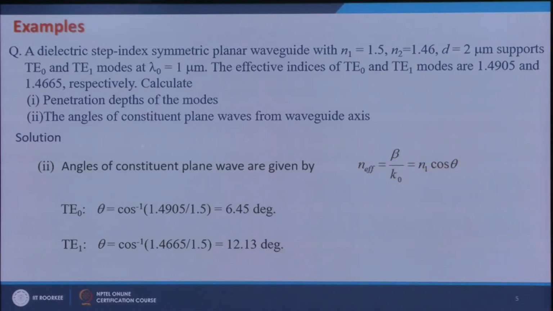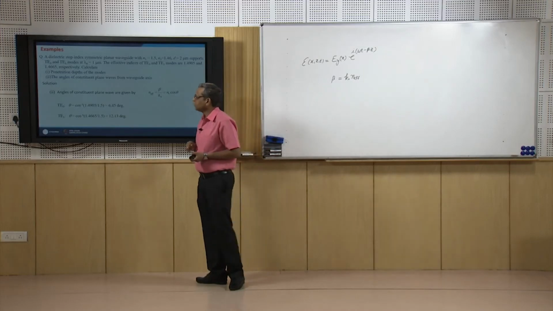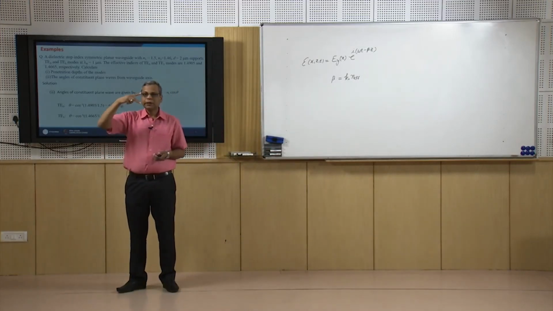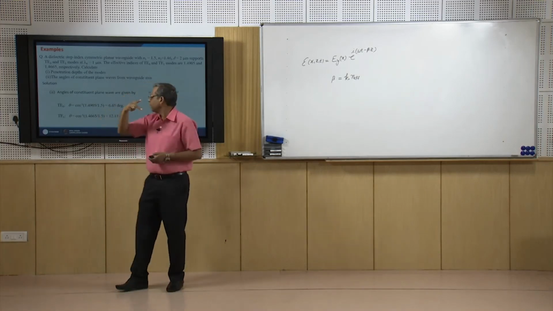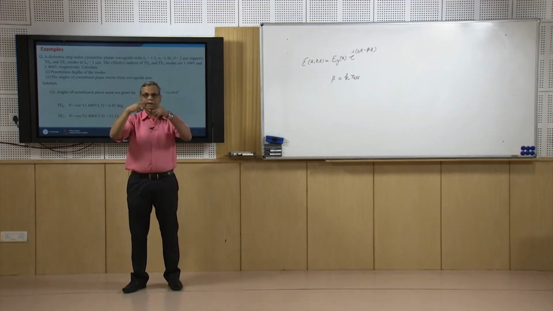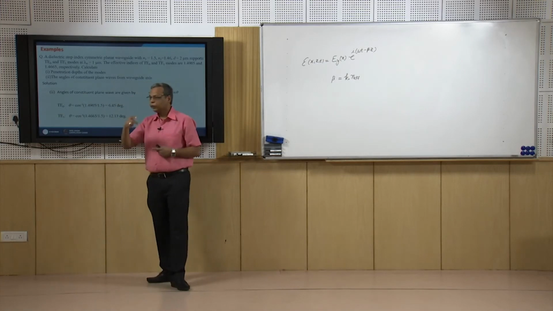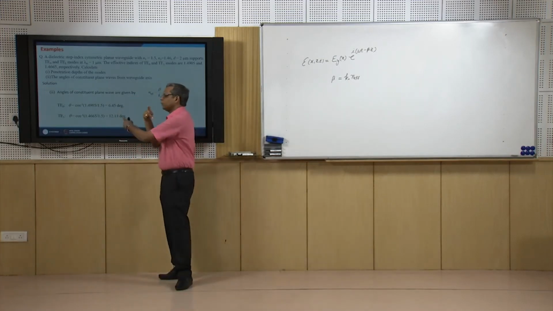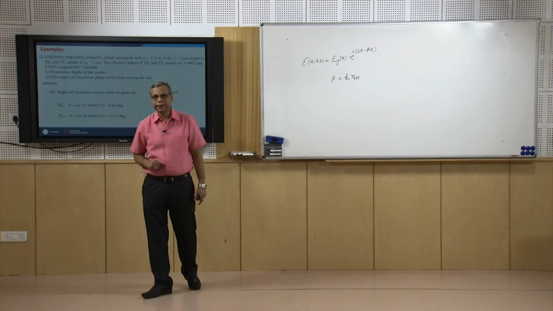So, TE0 mode is nothing but the superposition of two plane waves making angles plus minus 6.45 degrees from the waveguide axis, and TE1 mode is the superposition of two plane waves which make angles plus minus 12.13 degrees from the waveguide axis.